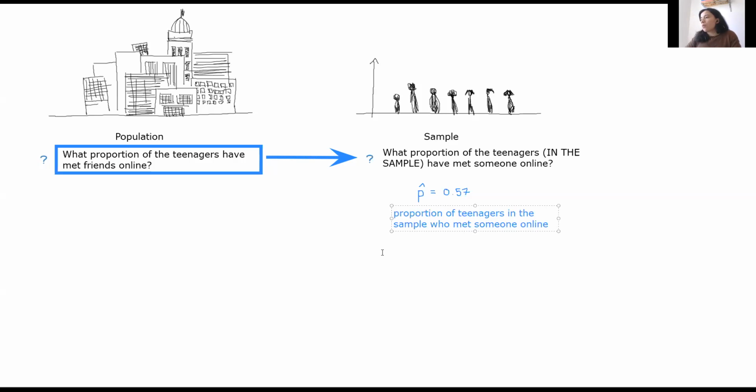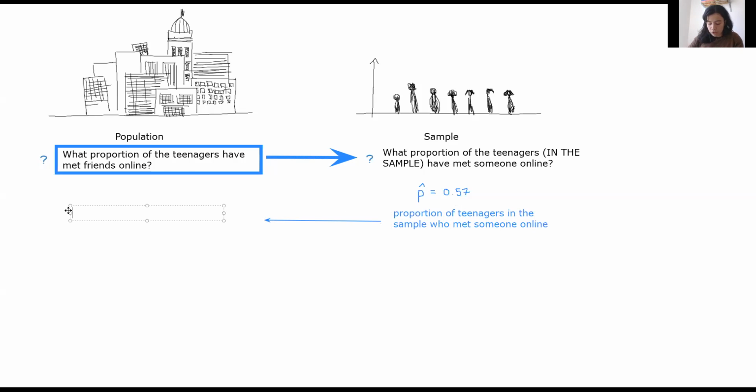Now, the reason that I want to summarize my sample through a number like this is that from here I can conclude, okay, this seems to suggest that the proportion of teenagers in the population who met someone online is going to be somewhere close to that number, right?